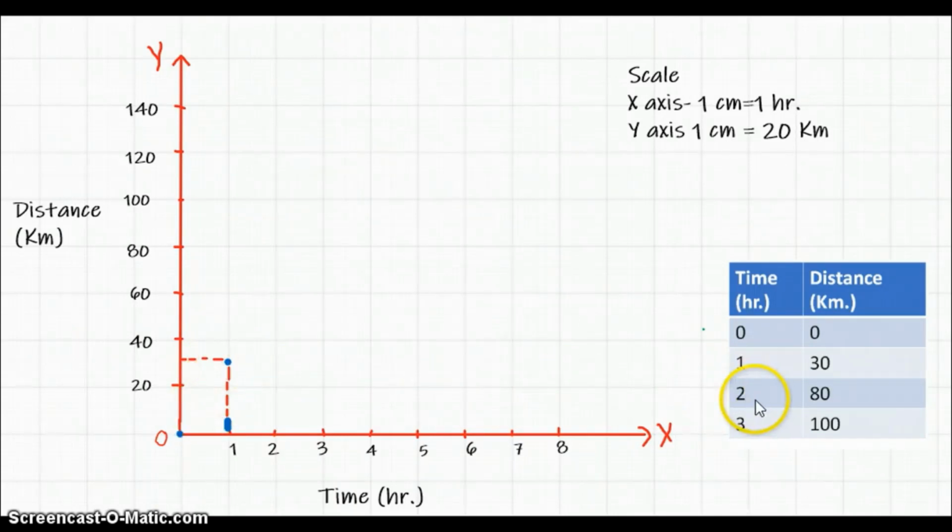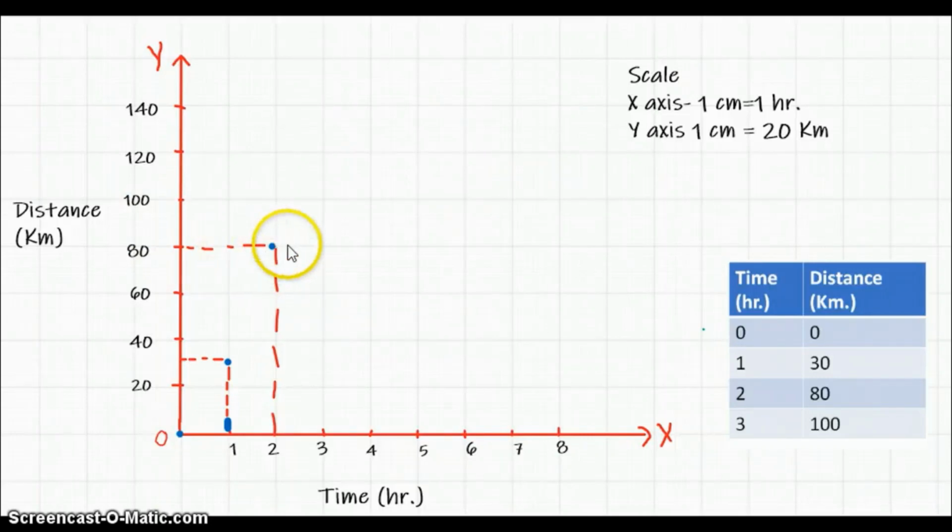Now the third point is at 2 hours. The distance covered is 80 kilometers. So what you have to do, you will draw dotted lines. I'm so sorry, my lines are a little off, I need to use the scale, but it will take more time, so I'm using the mouse only.